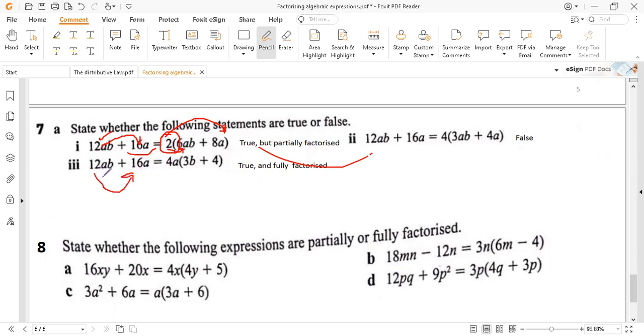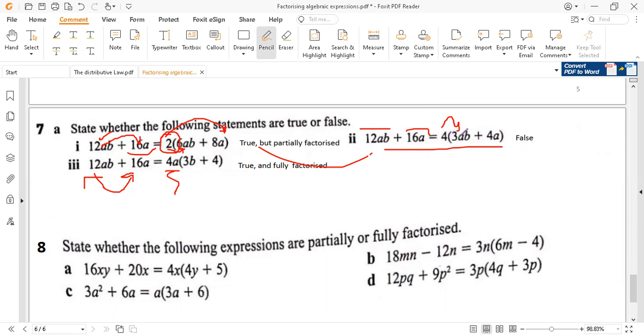For example, here we take 4A as common factor, and we can truly say it is fully factorized. And the third statement: if we use the distributive law, 4 times 3 is 12, so 12AB, true, and 4 times 4A is 16A, so normally it is true. What is the difference?